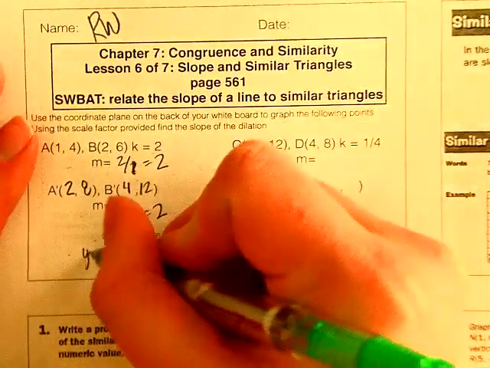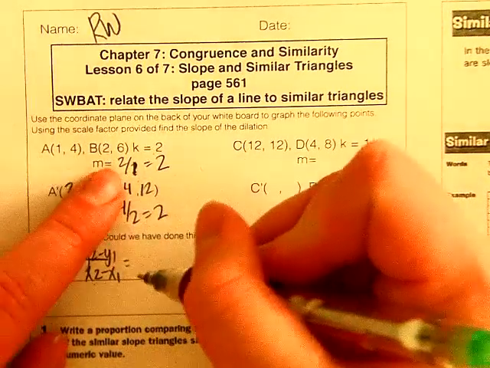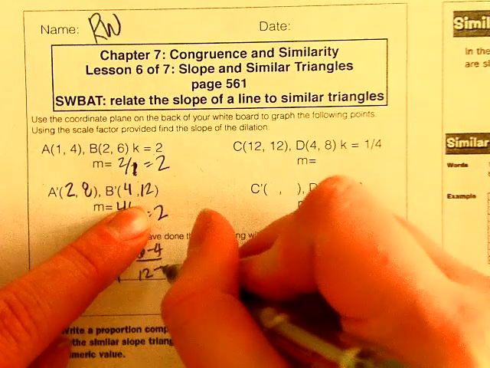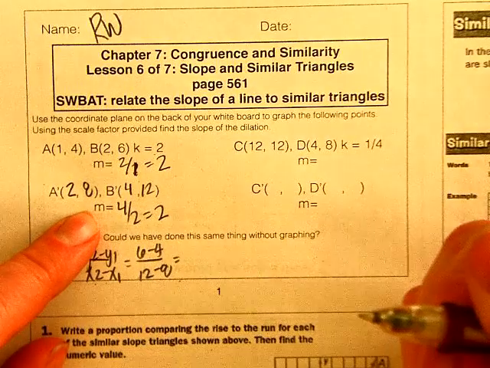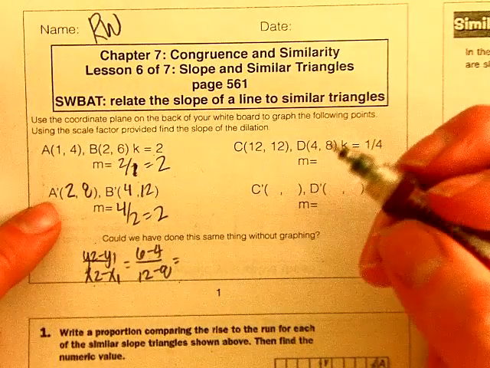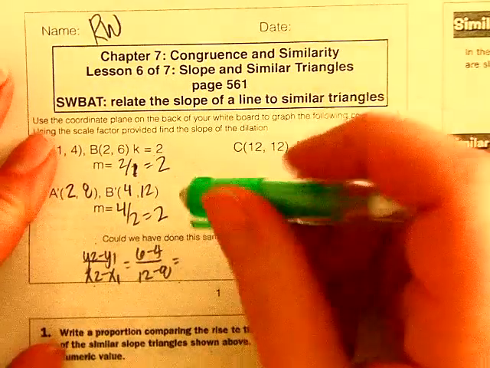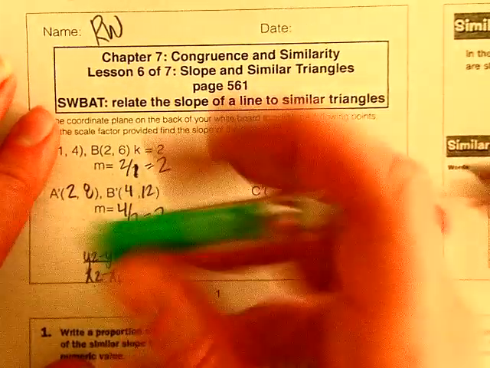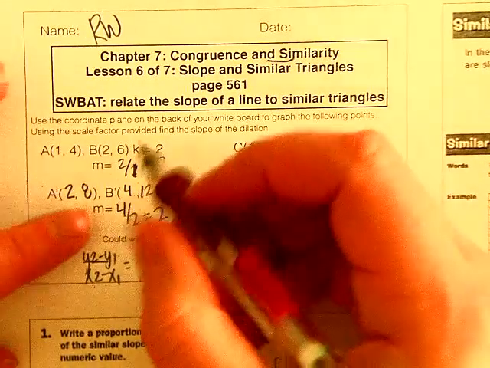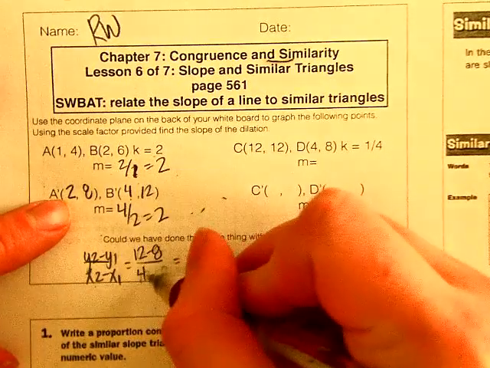We could have done y2 minus y1 over x2 minus x1. And this one would have been 6 minus 4 over 12 minus 8, which in this case, A prime should have gone first. Oh, and I did these backwards. So 12 minus 8 over 4 minus 2.